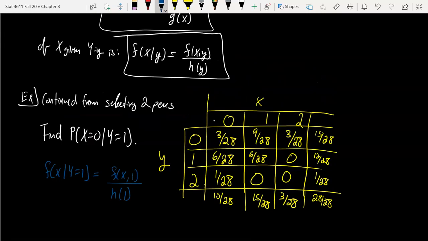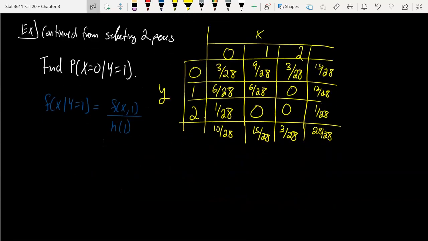This is f of x comma y divided by h of y, except here we're given y is equal to 1. What is h of 1 going to equal? H of 1 is the marginal distribution of y evaluated at 1, and we know h of 1 is equal to 12 over 28.